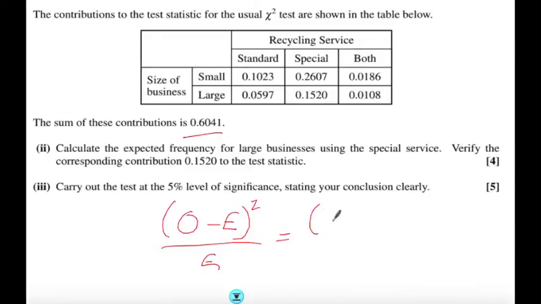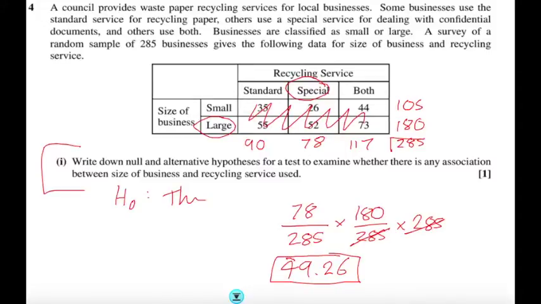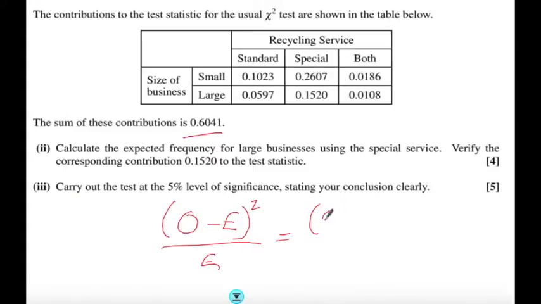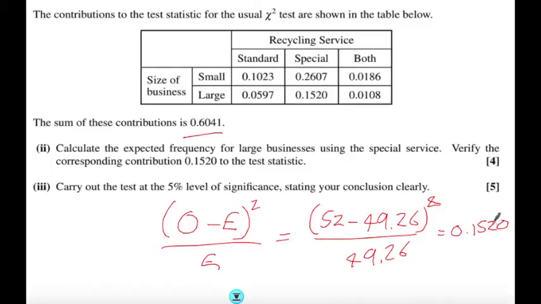So it's going to be, my memory's like a goldfish, 52 minus that 49.26 squared over 49.26, but I'm going to use the exact number in my calculator. So 52 minus answer squared over answer gives us 0.1520. Alright. Carry out the test at the 5% significant level, stating your conclusion clearly.